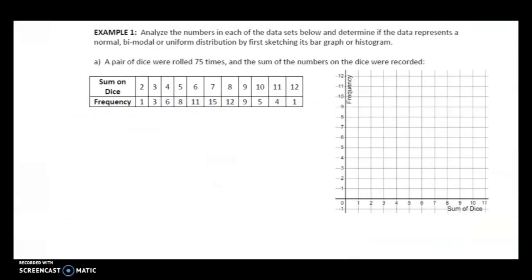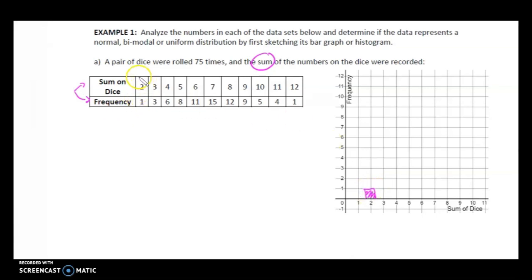Example 1: analyze the numbers in each of the data sets below and determine if the data represents normal, bimodal, or uniform distribution by first sketching its bar graph or histogram. A pair of dice were rolled 75 times and the sum of the numbers on the dice were recorded. So we are going to graph the sum on the dice versus the frequency. The sum of 2, the frequency is 1.